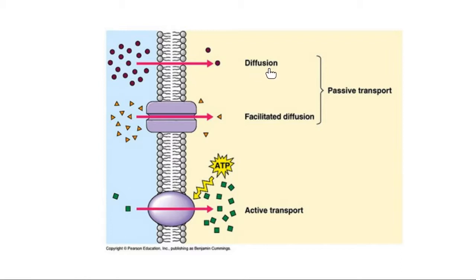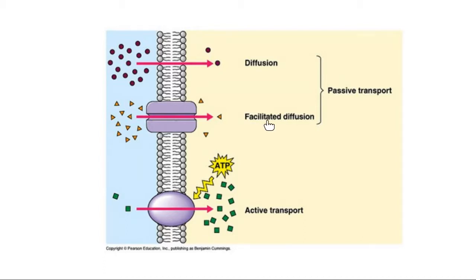Diffusion is an example of passive transport, which means that using the process of diffusion is always going to take me from high concentration to low concentration. This part of my image shows me the process of diffusion, from high concentration to low concentration.